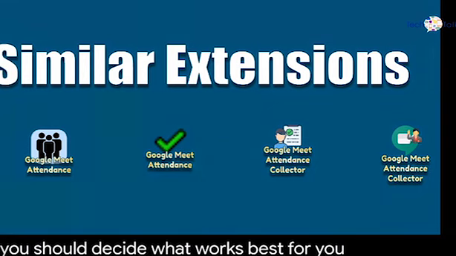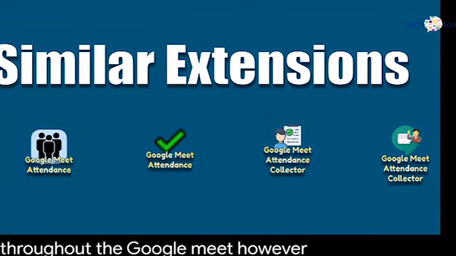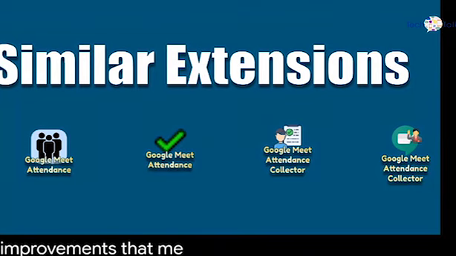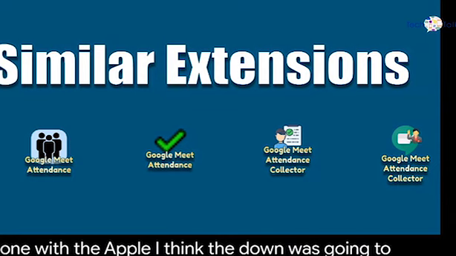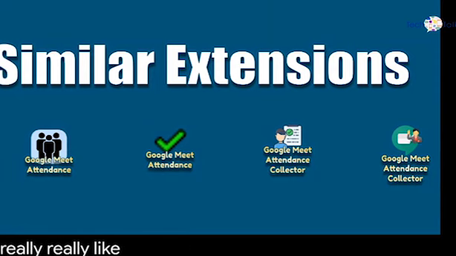Just take a look and decide what works best for you. Out of all of these, I like the layout for Roll Call the best, but again, you can only take the attendance once throughout the Google Meet. However, looking at the improvements that Meet Attendance has made, the one with the apple, I think that one's going to probably be the best to utilize, even though I also really like Roll Call, as I said before.